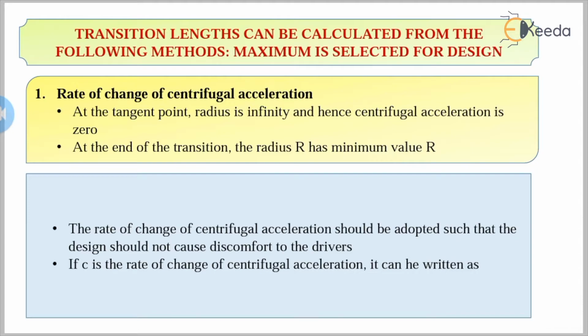This means that when the transition length starts from the straight tangent point, its radius is infinite, and when the transition length comes to an end, that is when the circular curve begins, it has the radius of the circular curve. A rate of change of centrifugal acceleration should be adopted such that the design does not cause discomfort to the driver. That is, it should be gradually introduced.